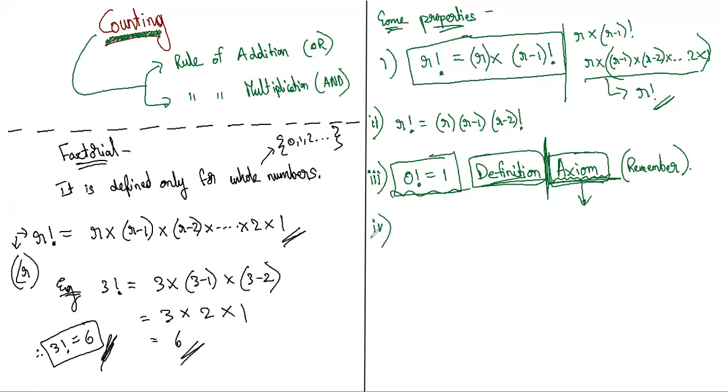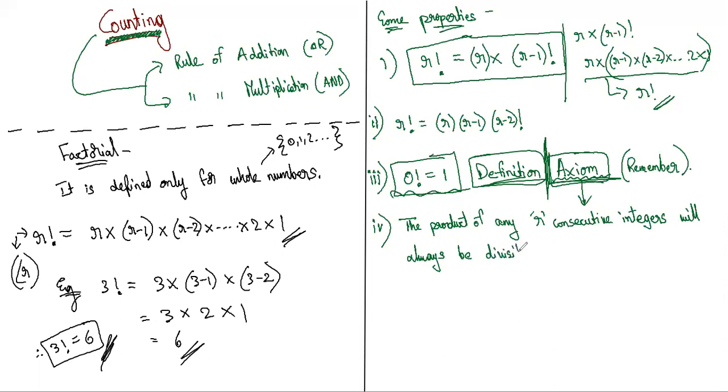So R factorial, more properties of R factorial. The product of any R consecutive integers will always be divisible by R factorial.